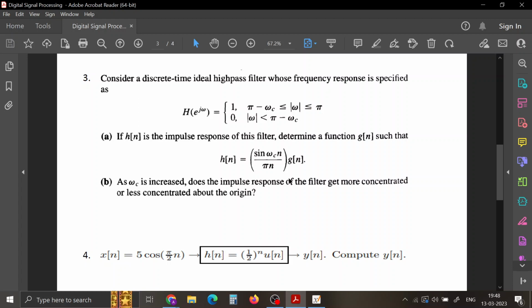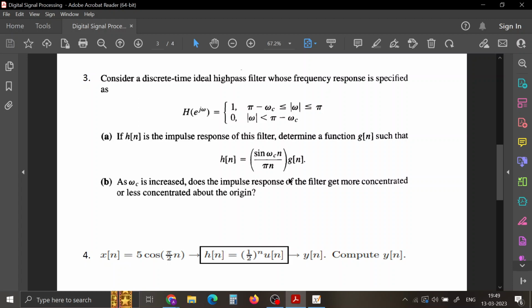So the interval has been broken down like that, and given this information about frequency response, we need to find a function g of n such that we can express the impulse function as sine omega c n by pi n times g of n, such that this expression holds true.